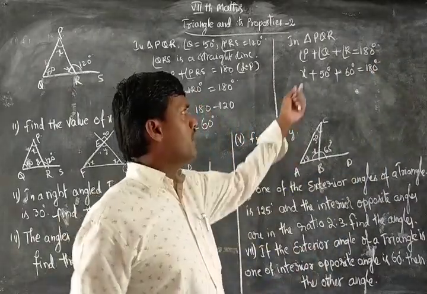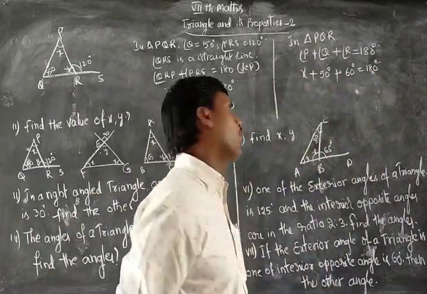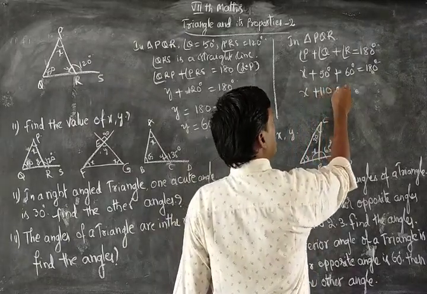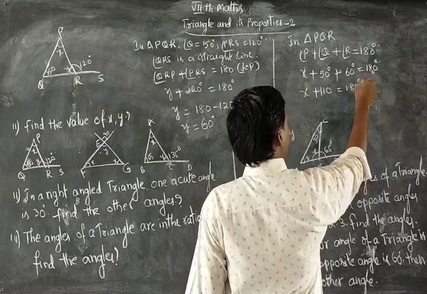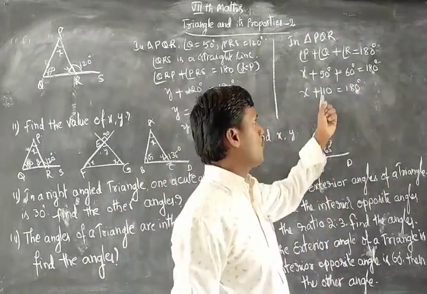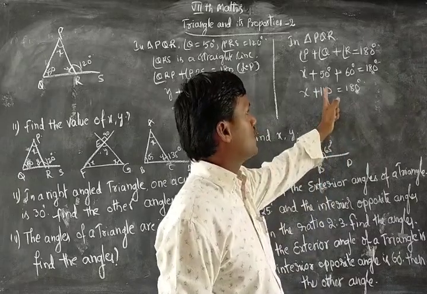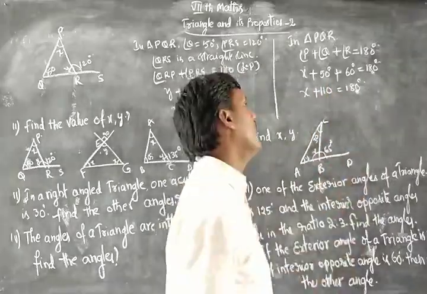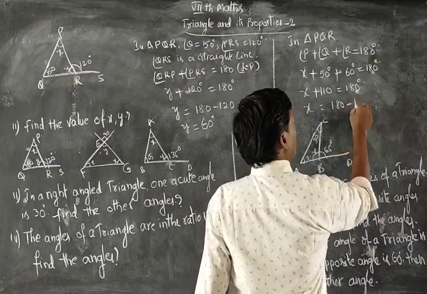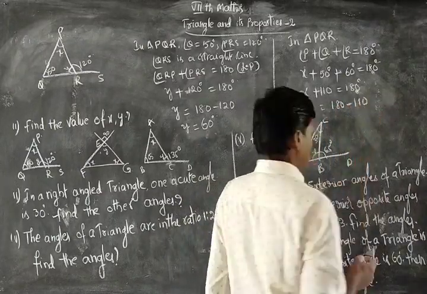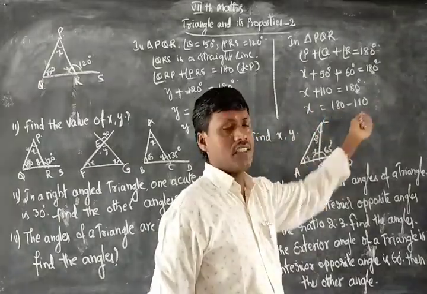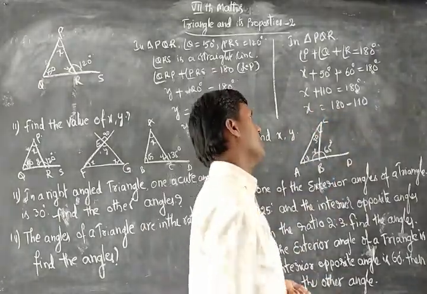Next, the sum of 50 and 60 is 110 degrees. So x plus 110 is equal to 180 degrees. Actually, 110 has a positive sign, so when transposing 110 to the right side, it becomes minus 110, and x equals the difference between 180 and 110, which is 70.